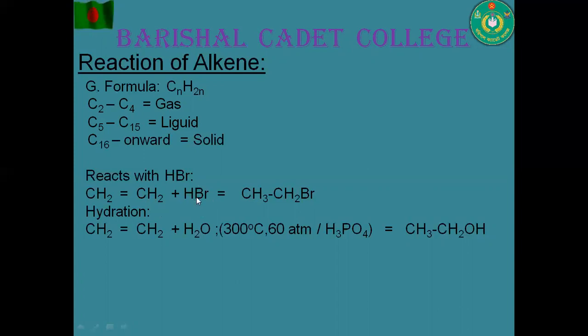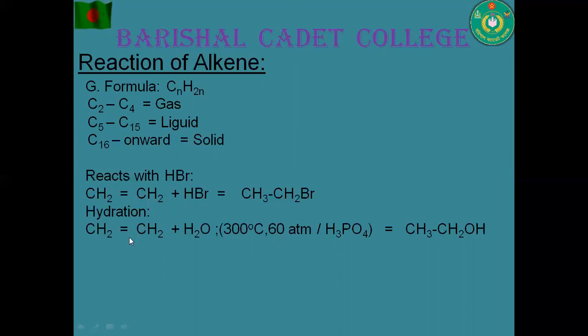The negative part of the reactant goes to the carbon atom which contains fewer hydrogen atoms. This is the Markovnikov rule. This reaction follows the Markovnikov rule, but in the case of ethene, the Markovnikov rule is not needed here.